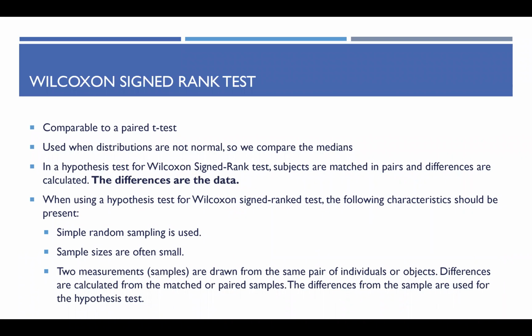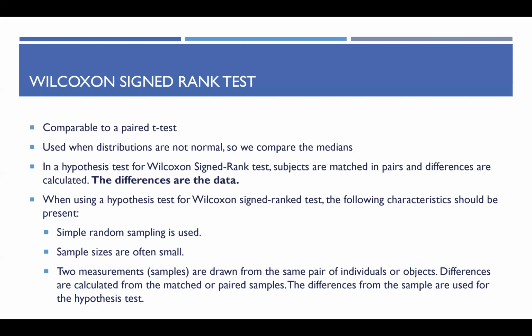And again, it's the same idea. You're collecting the same data, same information from one group at two different times. One piece of information from the same group at two different times. And again, we look at the differences. When using a Wilcoxon signed rank test, again, we want to assume or use simple random sampling, just like we did with the paired t-test.